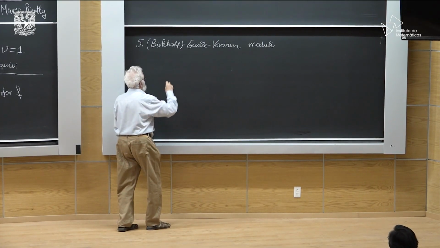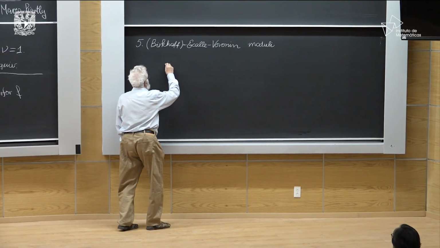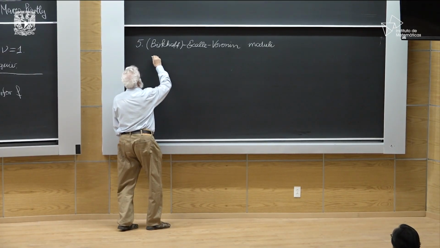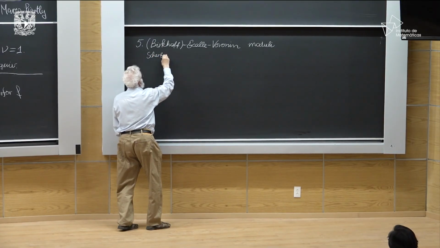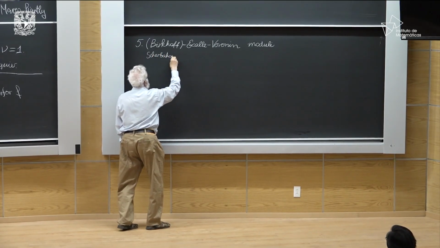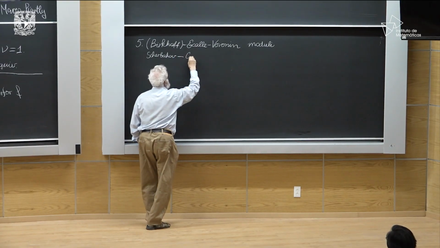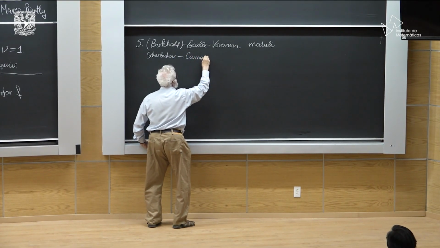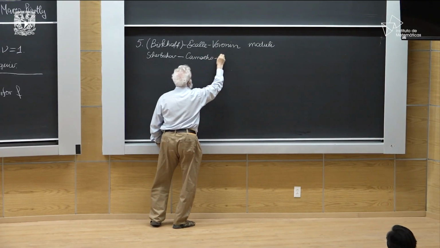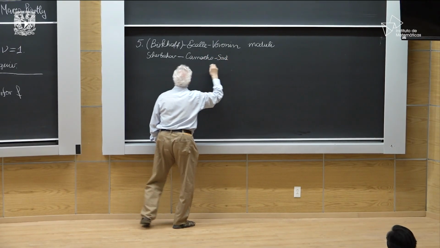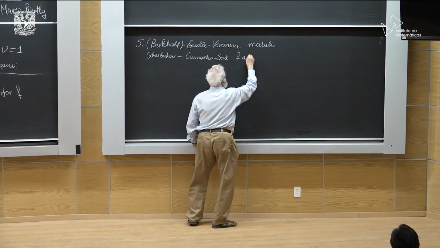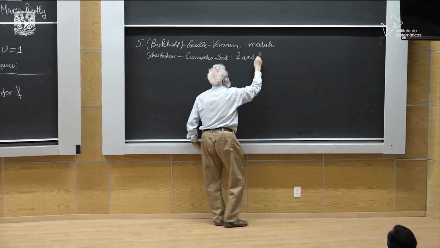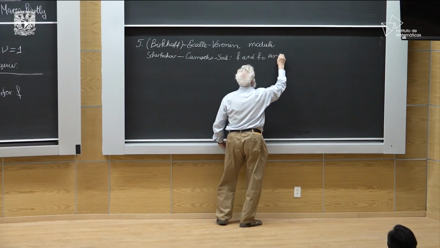What in fact was known before? First of all, Arseny Shcherbakov, and in parallel Camacho-Sad, found that F and F0 are topologically equivalent.